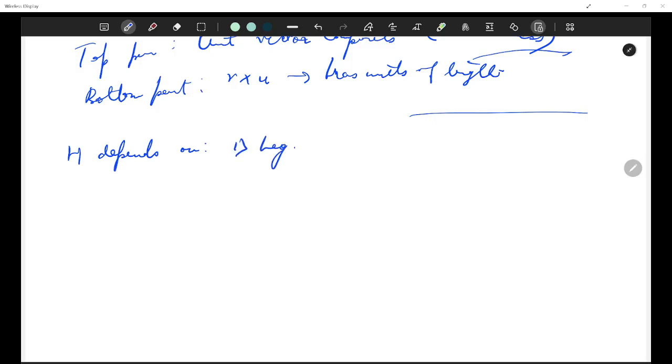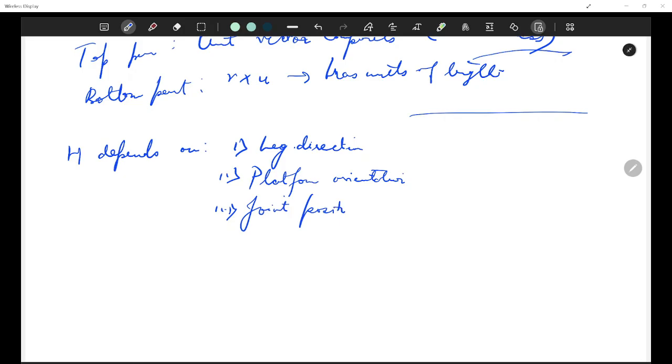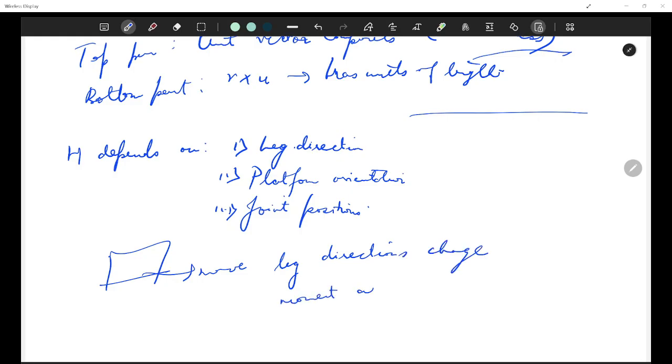If the platform moves, the leg directions change, the moment arms change, and therefore H changes.